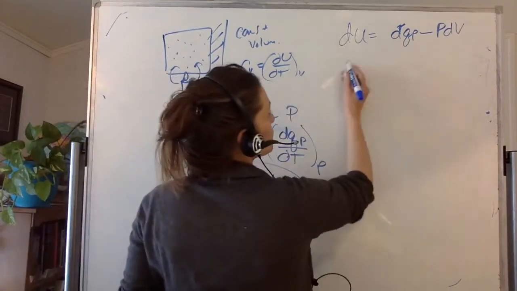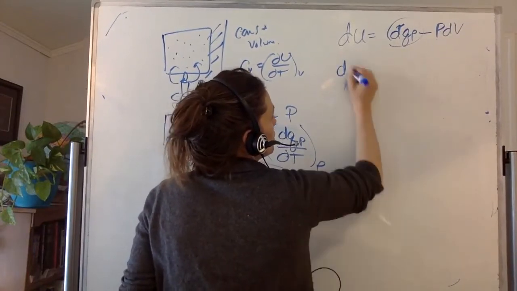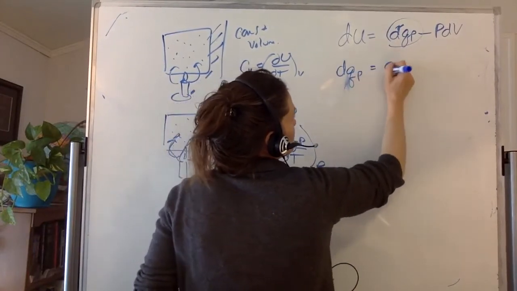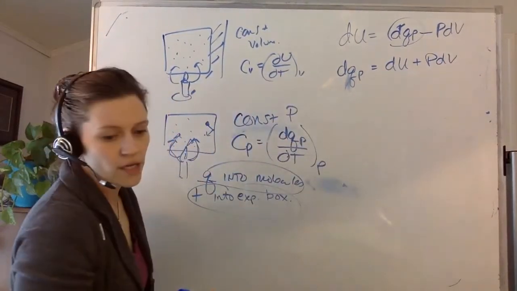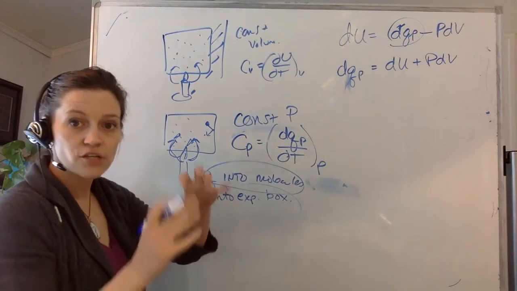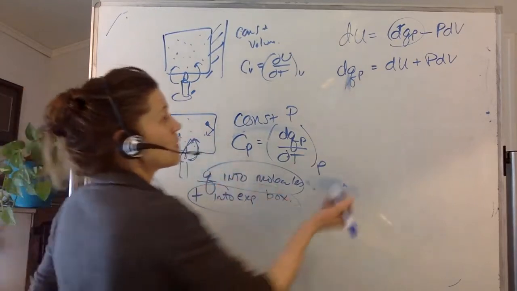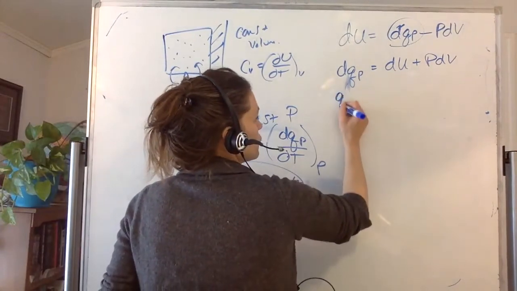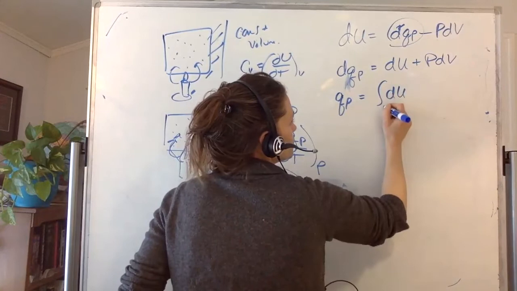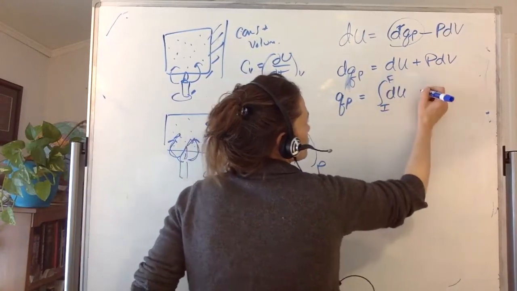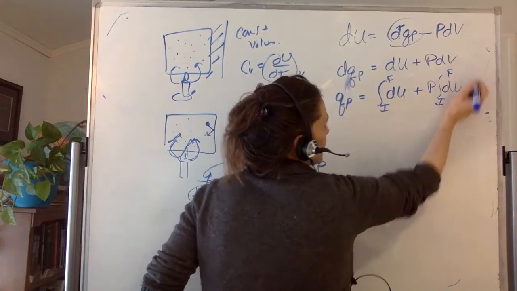So this means that if I solve for this, this gives me dq at constant pressure is equal to dU plus p dV. Okay, so now I'm going to show this changing from state 1 to state 2. And so this says qp is equal to the integral of dU from initial to final plus the integral of p dV from initial to final.